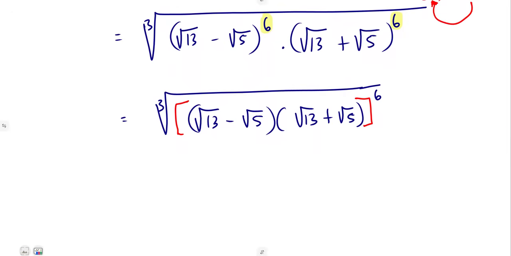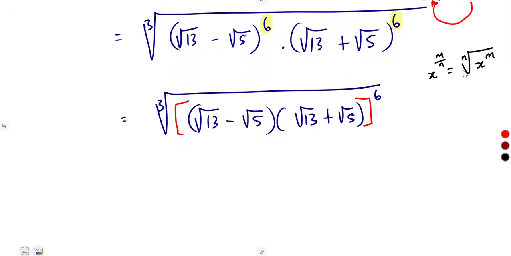Why? Because there is a law which tells us that if we are given x to the exponent of m over n, it is the same as the nth root of x to the exponent of m.